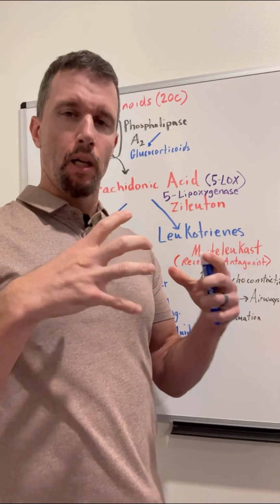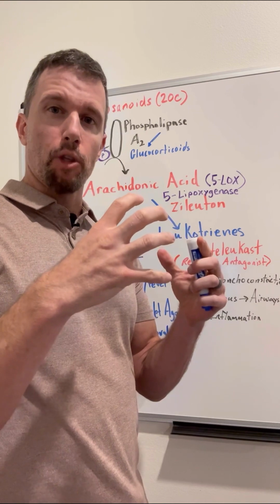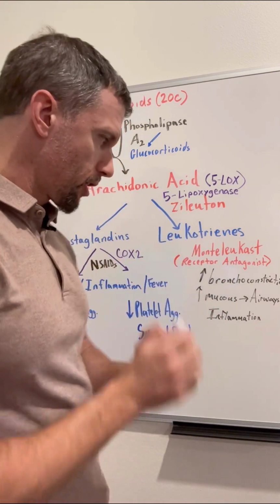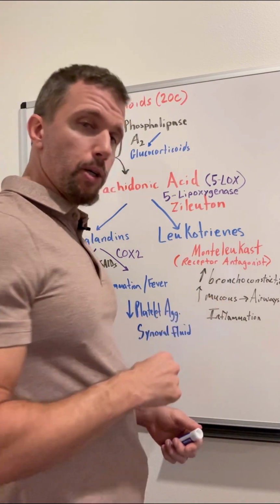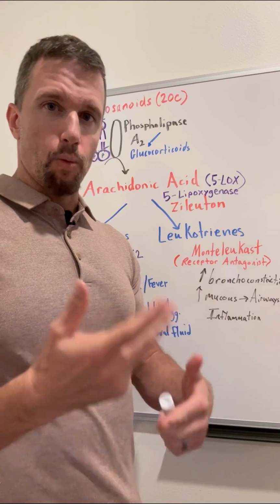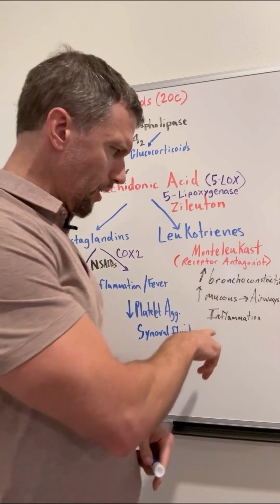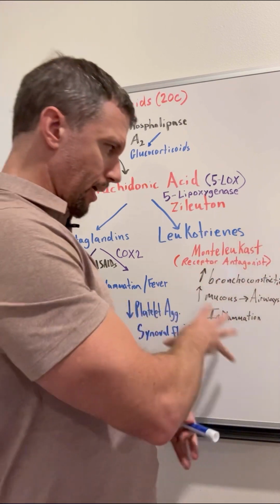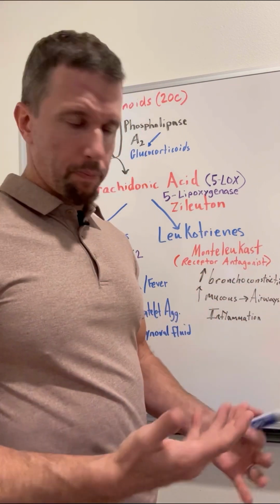We have smooth muscle that responds to those leukotrienes by contracting and causing that constriction there. It increases mucus production in the airways, so that's going to decrease the ventilation as well of getting air in and out. It also increases inflammation in general in the airways. So all of this kind of encompasses what we call asthma.